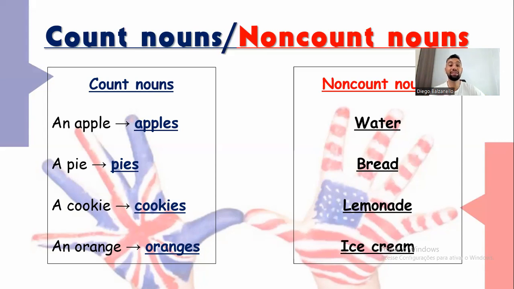We can have a scoop of ice cream like this. Water, you can have a bottle of water, you can have a slice of bread, you can have a glass of lemonade, and you can have a scoop of ice cream.